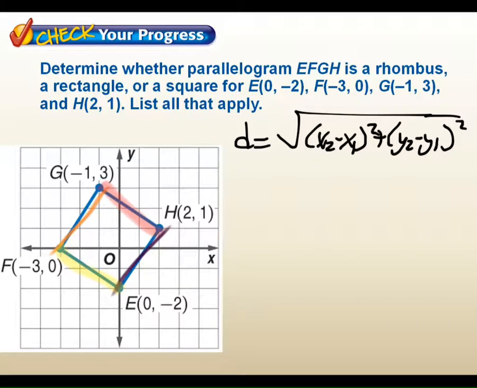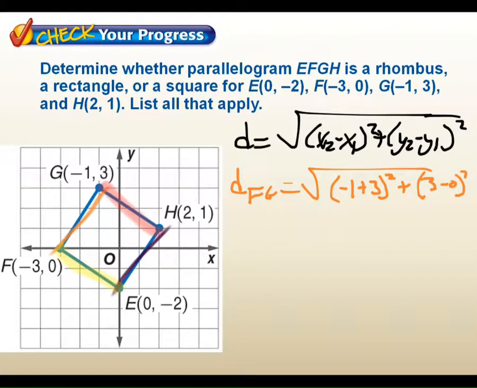I would plug all of those into the distance formula. For example, to find FG, take the second x minus the first. Simplify that. We won't do all of these, but let's look at this one.